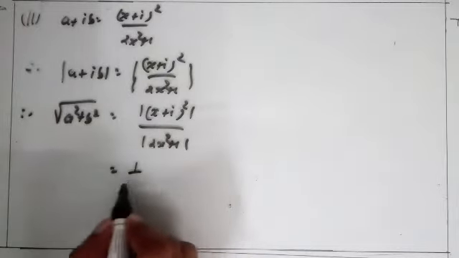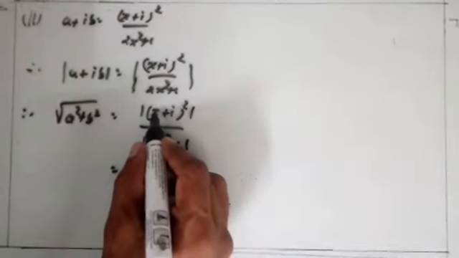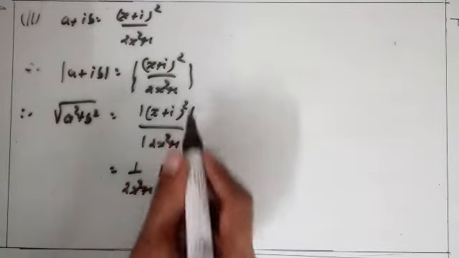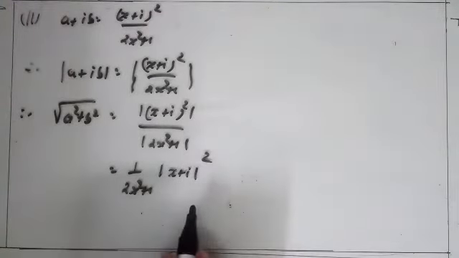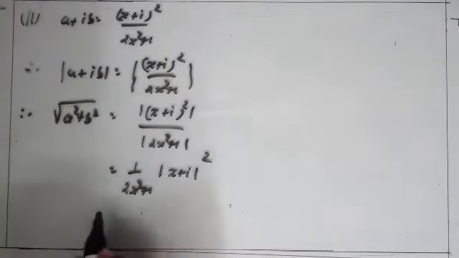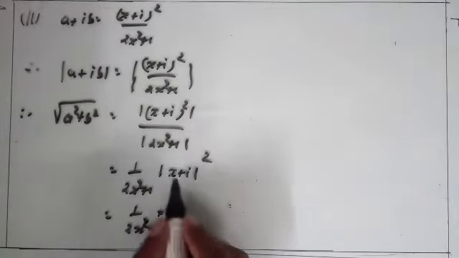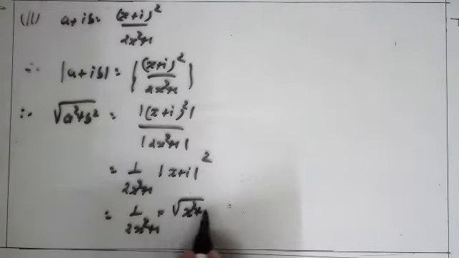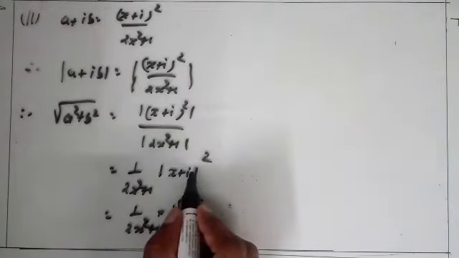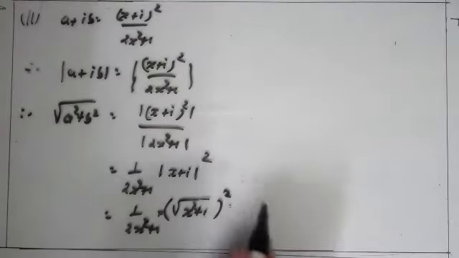So we get 1/(2x² + 1) times mod of (x + i)², taking the square outside: the magnitude of x + i, squared. So it equals 1/(2x² + 1) times the magnitude, which is the root of x² + b², where b = 1 and a = x, so x² + 1², raised to 2.